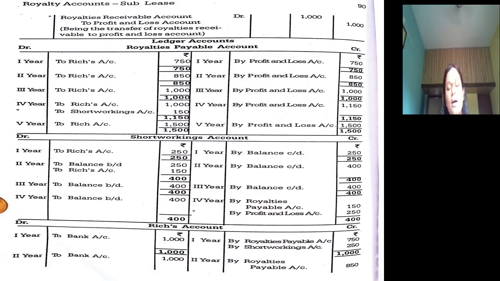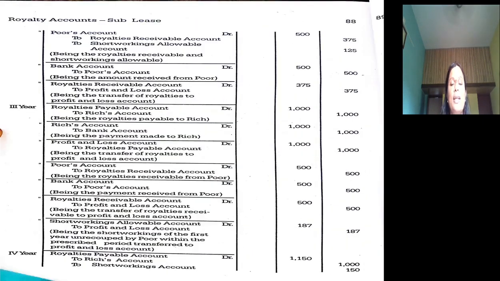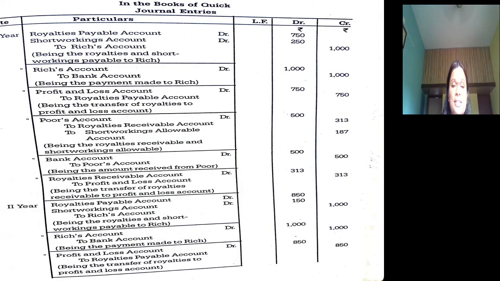What has happened here is that the first three journal entries, sometimes four, relate to the main lease, and the next three or sometimes four journal entries relate to the sublease. They combined them while passing entries: first they showed the main lease journal entry, next the sublease journal entry.